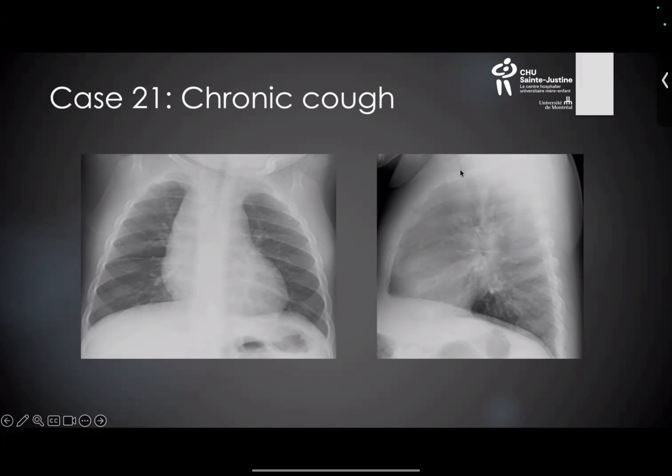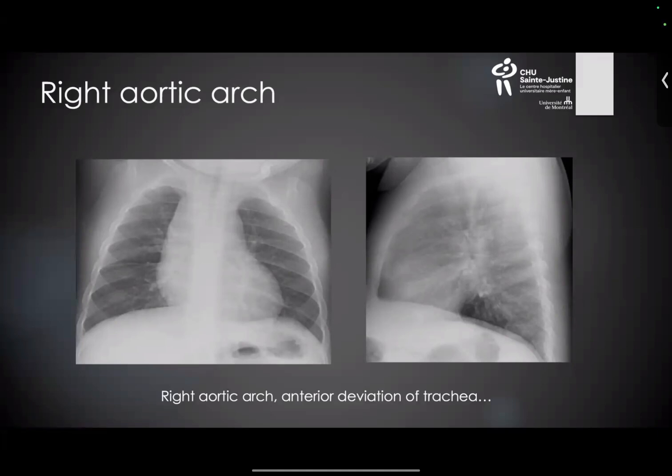On the lateral X-ray, usually your trachea would be very, very straight. And in the case of a right aortic arch with a vascular ring, you can have an anterior displacement of your trachea on your lateral chest X-ray. So you have a right aortic arch with an anterior deviation of the trachea.